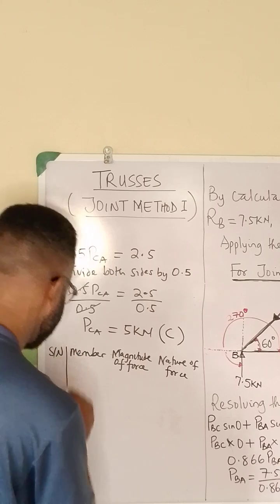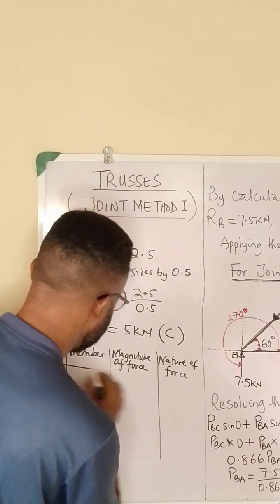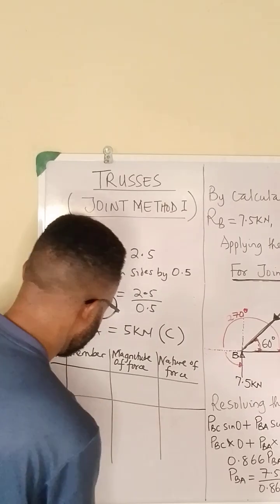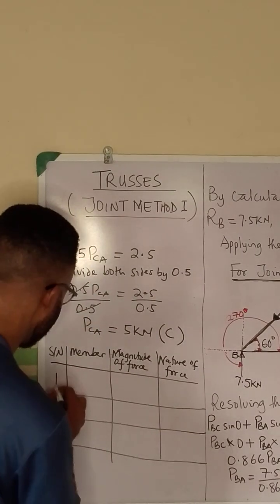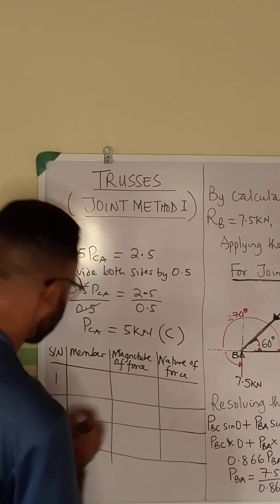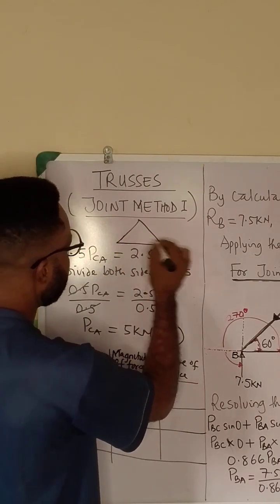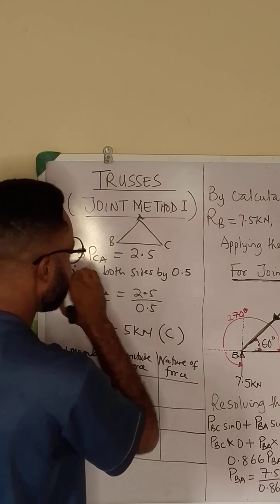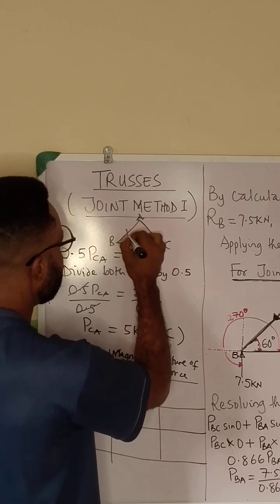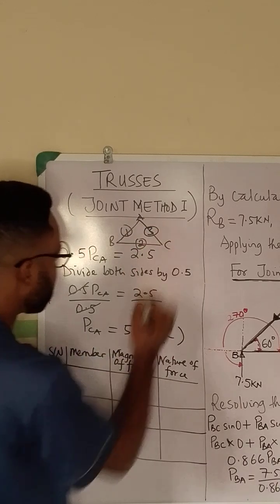Remember we had 3 members, so we are going to have 1, 2, 3. Now if you recall from our diagram, we had B here, we had A here, and we had C here. So from our diagram, this member was 1, this member was 2, and this member was 3.